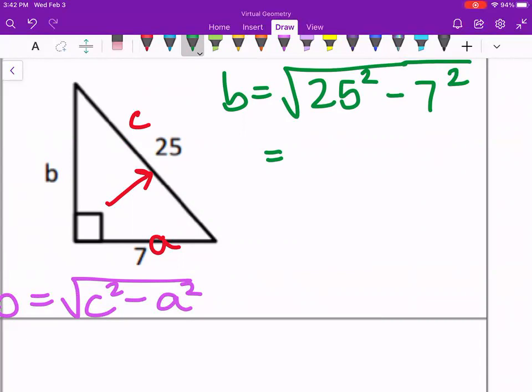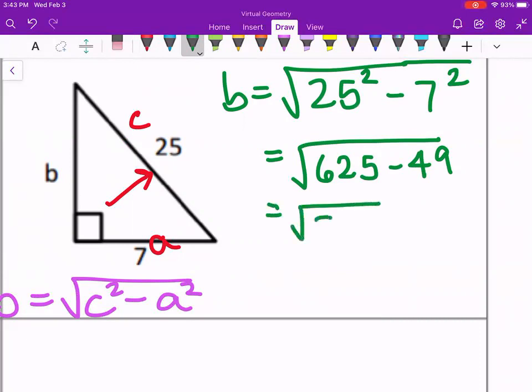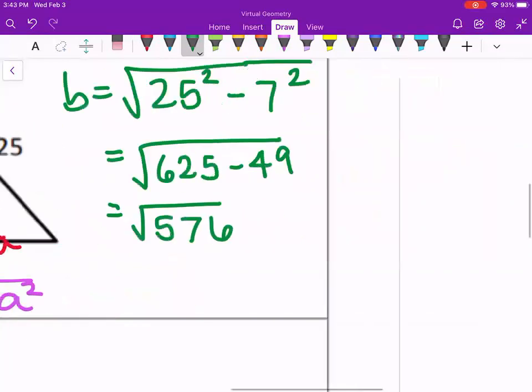So first I need 25 squared, which is 625. I'm going to take away 7 squared, which is 49. Which is the square root of 576. Let's break that down.